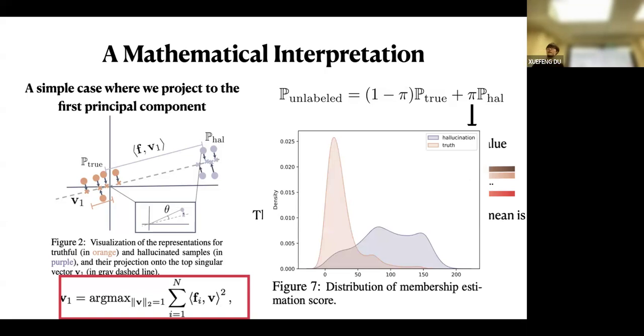Okay, a question. Just to understand, when you say projecting the embedding, you mean the representation before you apply the softmax, or what exactly? Yeah, so the question is, how do we exactly do the projection? The projection is by directly doing the dot product.